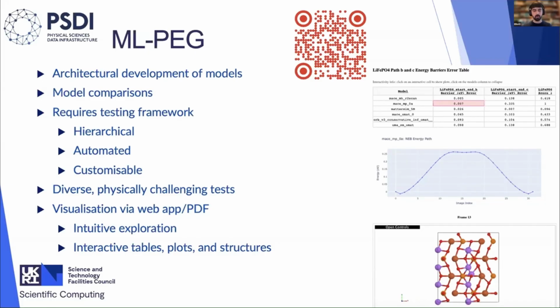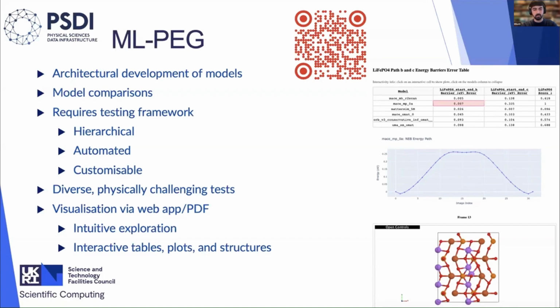So what we've been working on is developing a much more general testing framework that is highly automated, highly customizable and hierarchical, so you can see at different levels of detail all of the information that's relevant to you. We're also trying to build a much more diverse set of tests compared to a lot of testing suites at the moment. And then a big part of this is also visualization of our results.